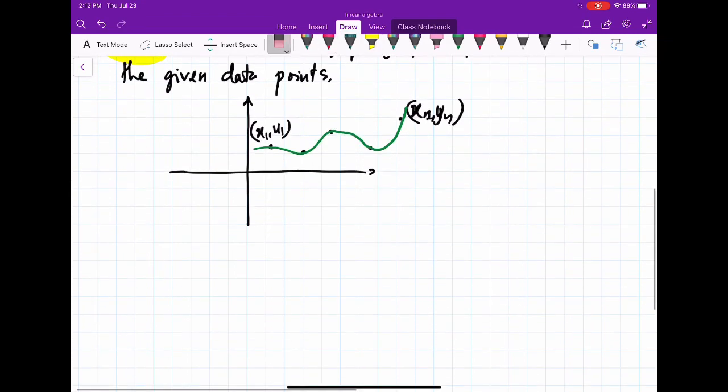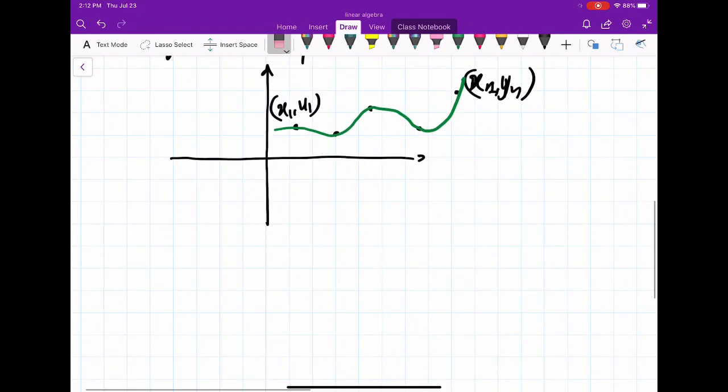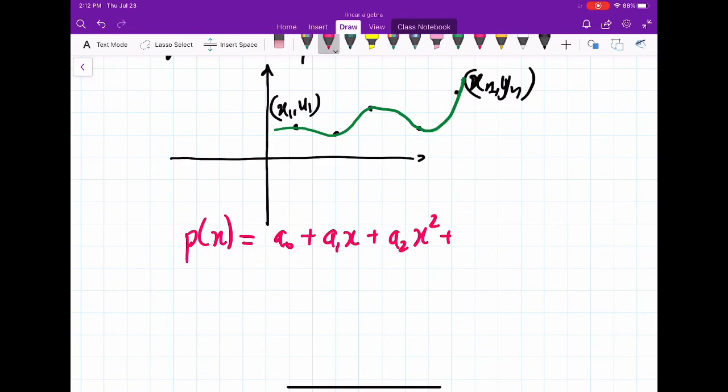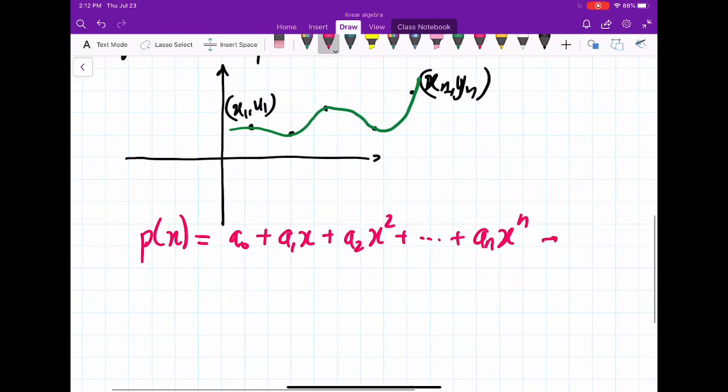Because the general formula of a polynomial of degree n is a0 plus a1x plus a2x squared plus so on plus an x to the n. So you need 1, 2, 3, and n plus 1 coefficients in here. Don't forget that we start from 0 to n. That means n plus 1 numbers.